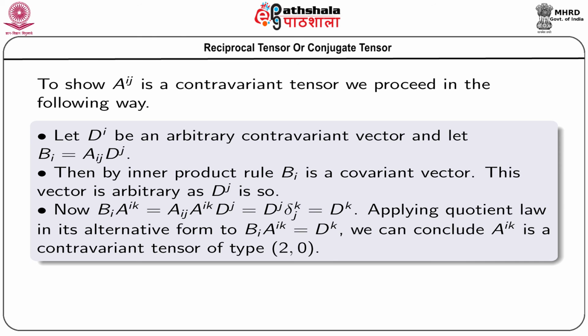So, writing that, we see that it is coming to d^k. Now, apply the quotient law in its alternative form to b_i A^ik equals d^k, we can conclude A^ik is a contravariant tensor of type 2, 0.